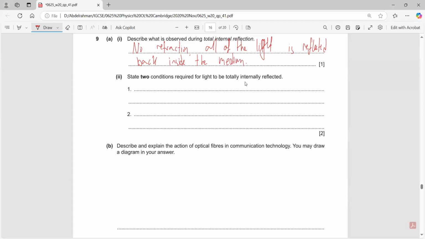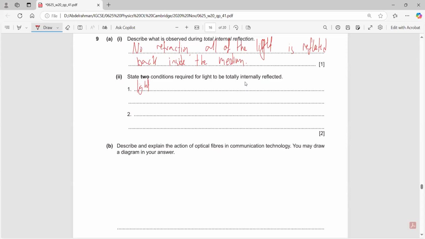State two conditions required for the light to be totally internally reflected. First of all, you need to say which medium the light is moving from and to. Definitely, the light has to be moving from the more dense to the less dense.